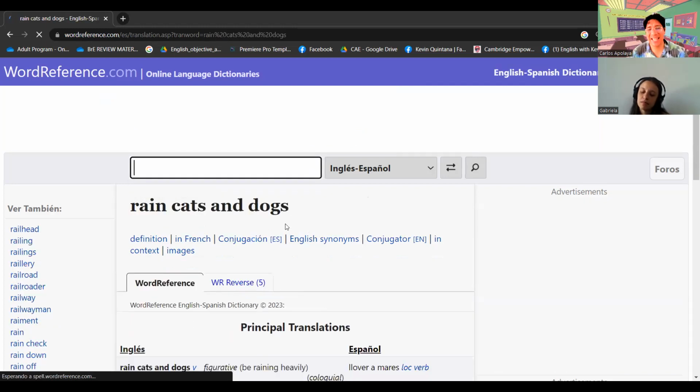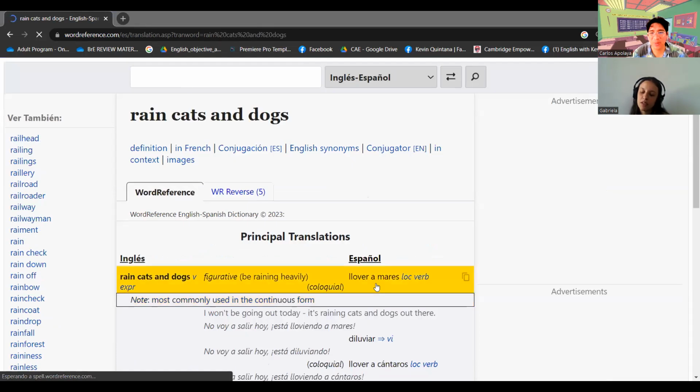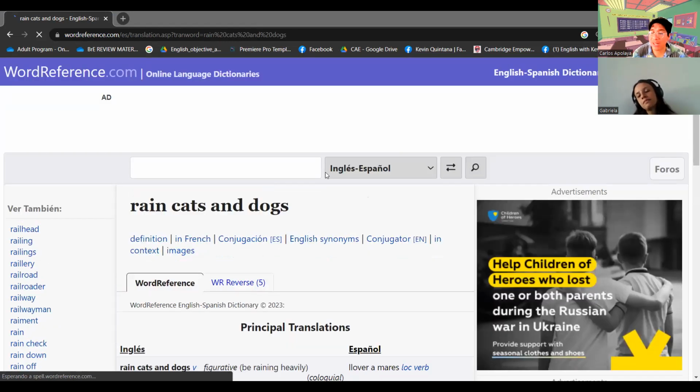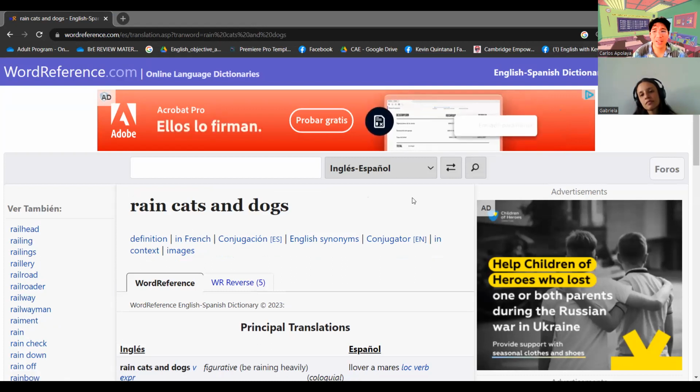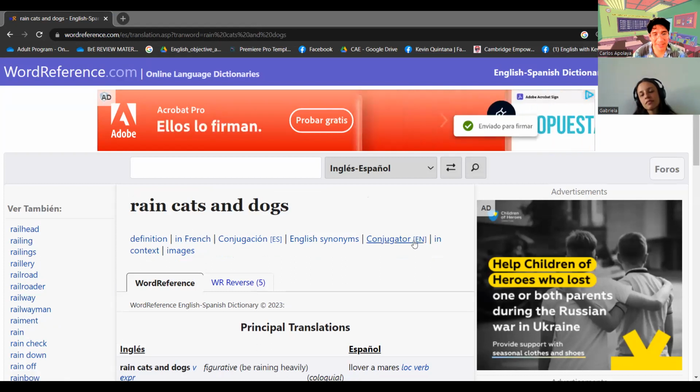Exacto, rain cats and dogs. Está lloviendo muchísimo. También te das cuenta que usan expresiones, como la que dice, well, it's because I'm not a spring chicken. Si te digo, I am not a spring chicken, ya no soy joven, ¿te acuerdas?